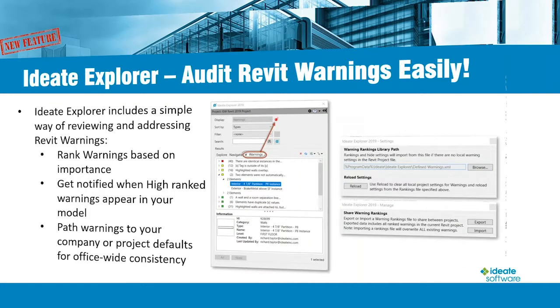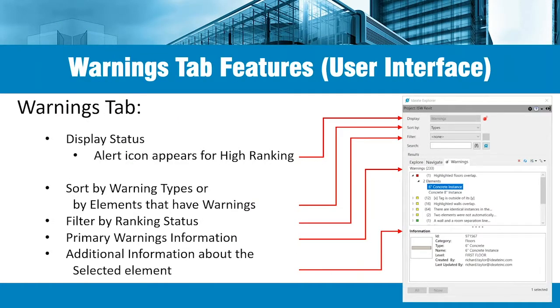A little bit about the interface here: you'll notice I'm using the same information I had before with the user interface. We have the display, the sort by, the filter, and then a little dialogue window into what the warnings are. And then information down below about the particular element that you're selecting.